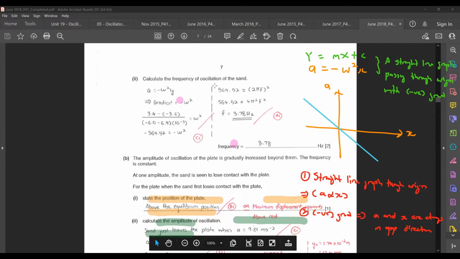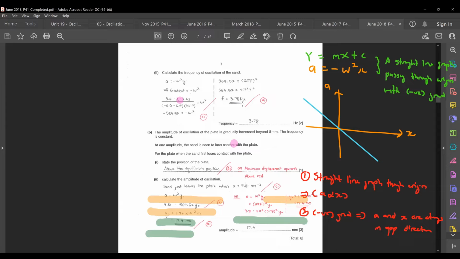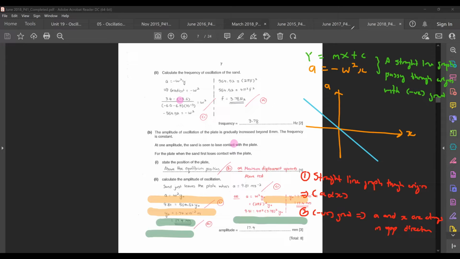Then calculate the frequency of oscillation of the sand. So for your particular case, again, this one is something that I also kind of did mention before. If you compare your equation a equals negative omega square x with y equals mx plus c, you will see that your gradient is actually negative omega square.